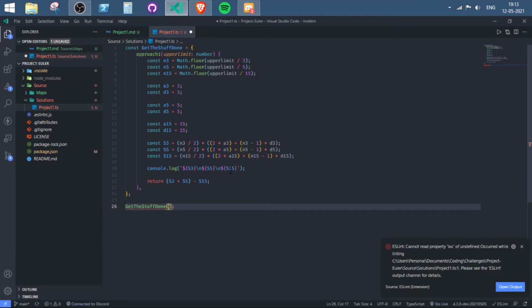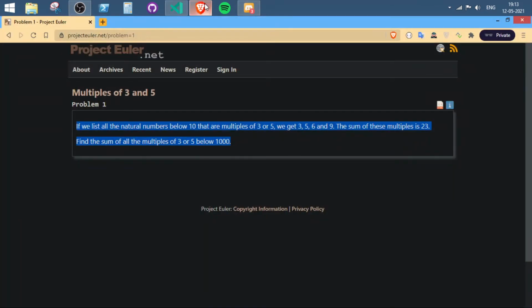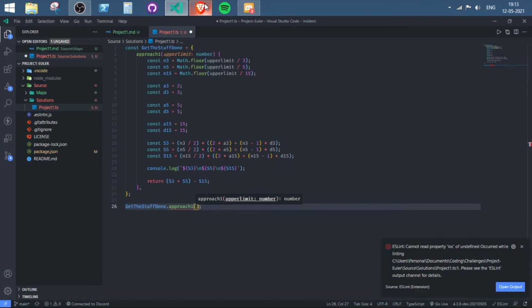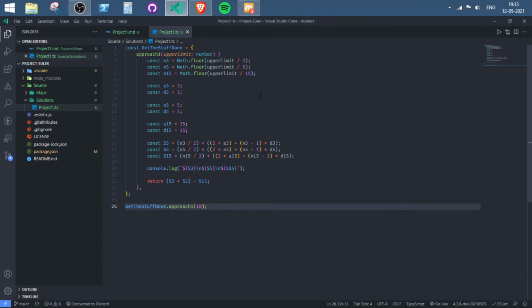So we are gonna have to put approach 1. So upper limit, what was given in the question, it was 10. PC hang moment. So in the console.log, stuff out.